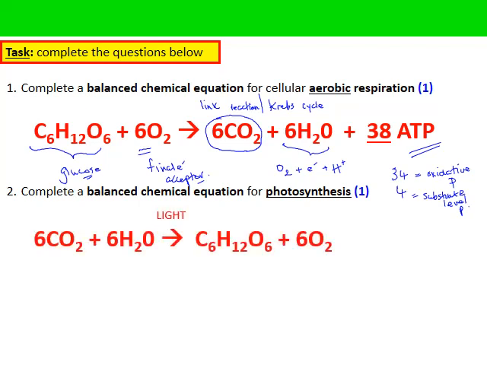Now, if we look at the equation for photosynthesis then, well, we know the carbon dioxide produced in cells like the spongy mesophyll and the palisade mesophyll is quite often the substrate that gets used and fixed in order to make glucose. Now, other carbon dioxide molecules come from the atmosphere through gas exchange. Now, we know stomatal pores, when they're open, they allow CO2 gas to come into the air chambers inside the leaf.